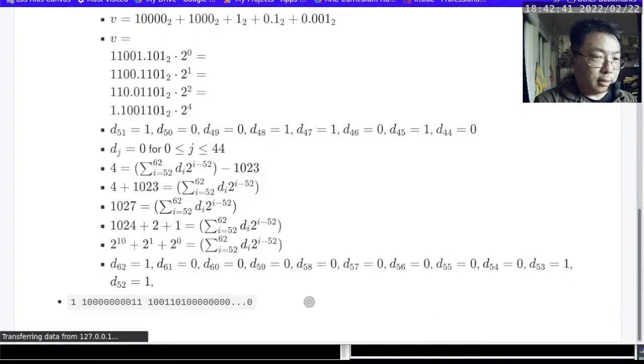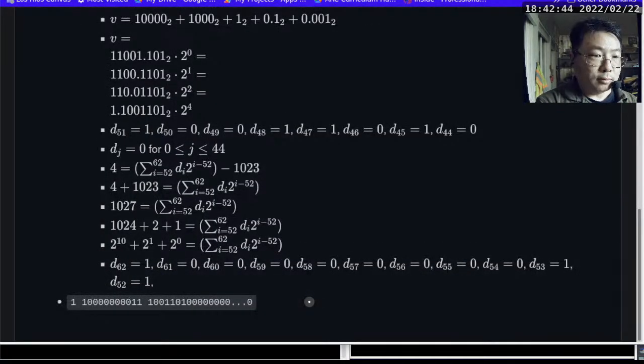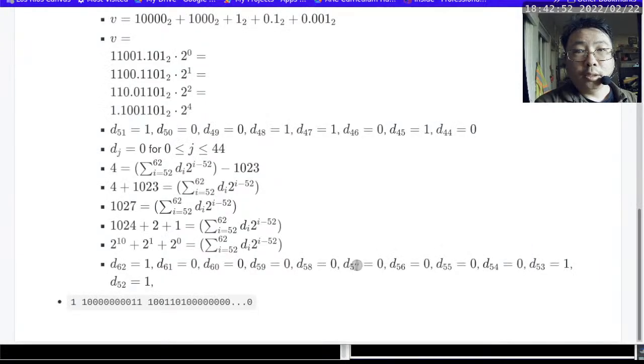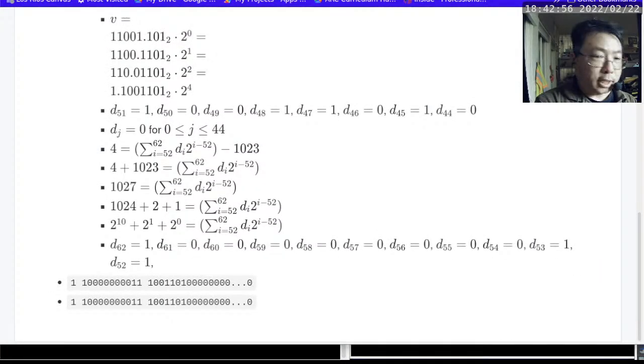So now I'm going to rewrite. I have to go back to turn off dark mode. All right. So what we do now is we're going to change the way we divide the bits.